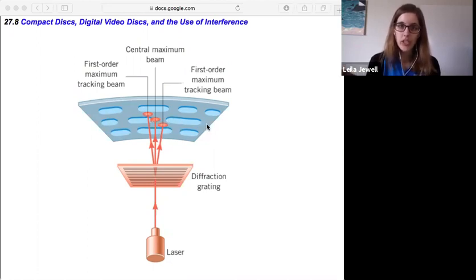So it makes sure that there is no variation, and if there suddenly is a variation, then it will adjust to get back on track. So your fancy Walkman that had an anti-skip might have been involved with a diffraction grating, if you even know what a Walkman is. I don't even know at this point.